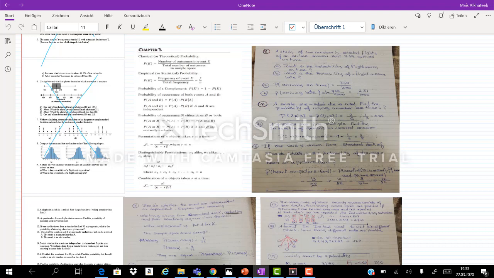The probability of A or B is the probability of A plus the probability of B minus the probability of A and B. This is in general, when A and B are not mutually exclusive. But if A and B are mutually exclusive, meaning A and B are disjoint, then P(A or B) is P(A) plus P(B).